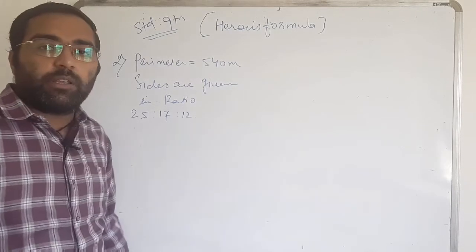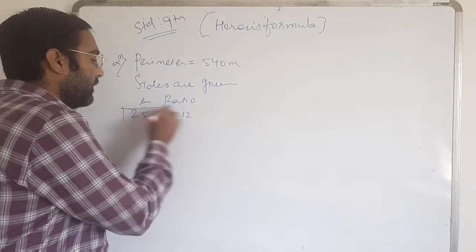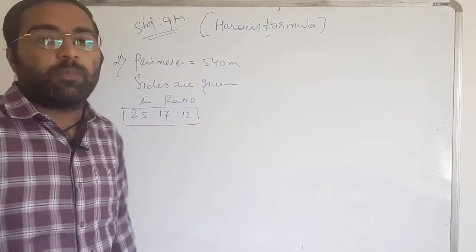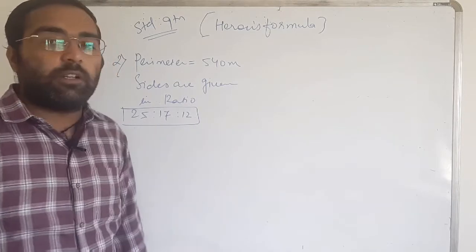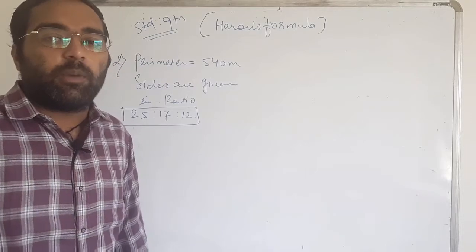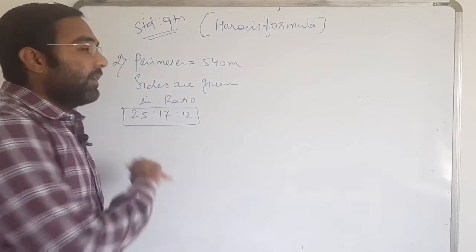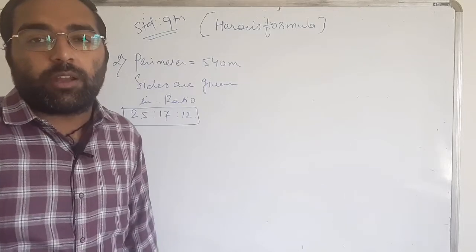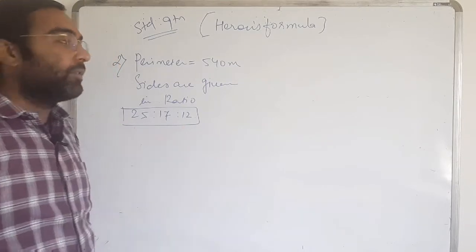First of all, we have to find the area of the triangle. For that we want the sides of the triangle, because here the sides are not given in any unit like centimeter or meter, but in a ratio. So first we have to find the sides and convert from the ratio to the particular unit.